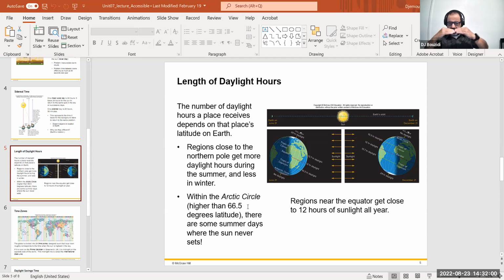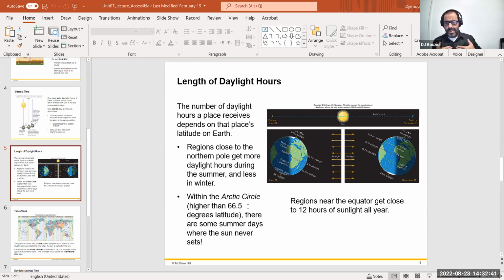So if you happen to be at 66.5 degrees, there are times, especially during the summer solstice, where the sun never sets. It rises, goes to its peak, and then comes back and stays above the horizon. In other words, it's all day. And the opposite is true in the winter. The sun never rises above those 66.5 degrees of latitude. Okay, and we're talking Alaska or very far north in Canada or Iceland and places like that. So that's basically what we're talking about.